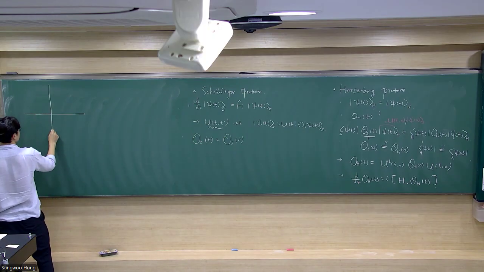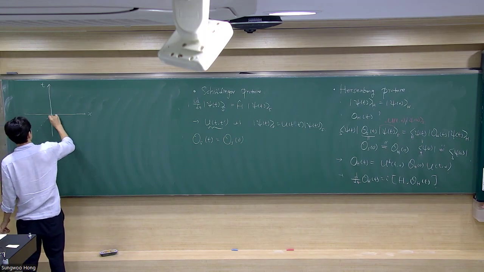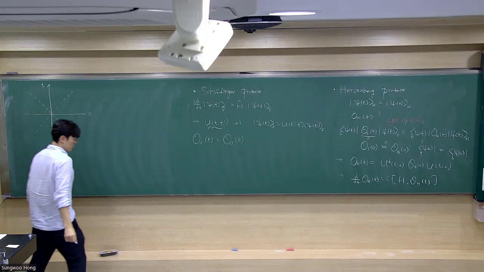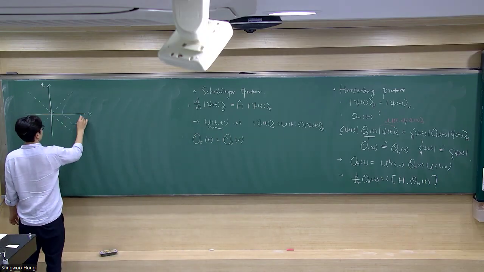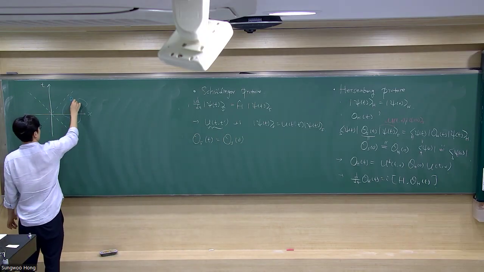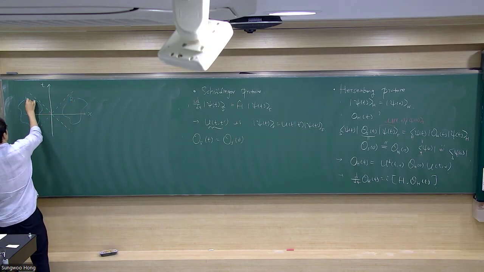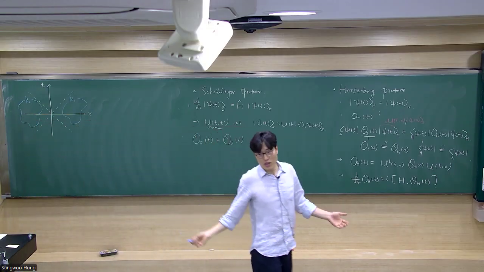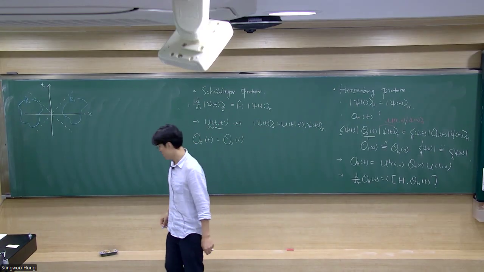So if this is t and x, suppose I consider two regions here, R1 and R2. If you look at it, you can say that these two regions are space-like separated, right?